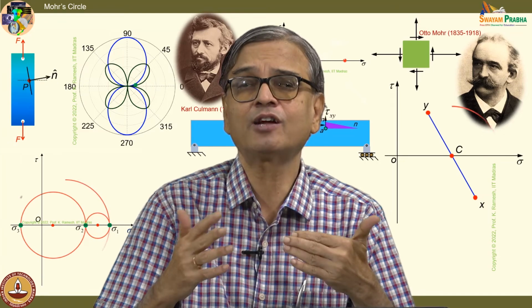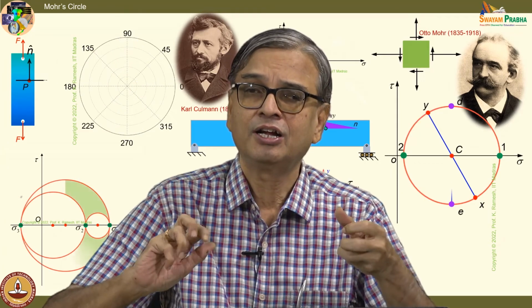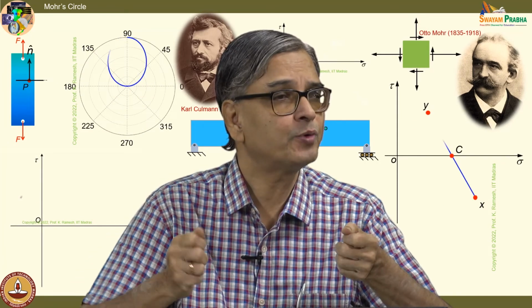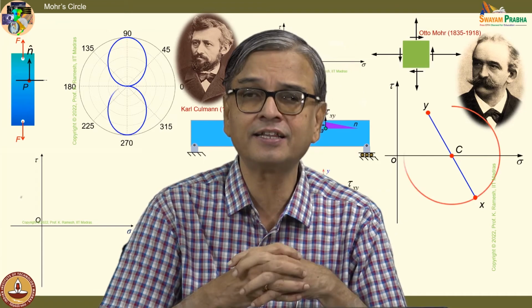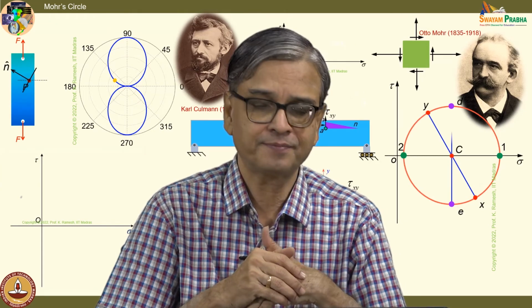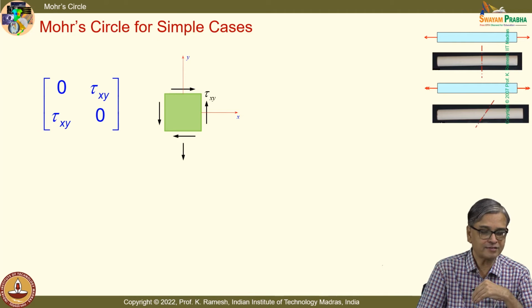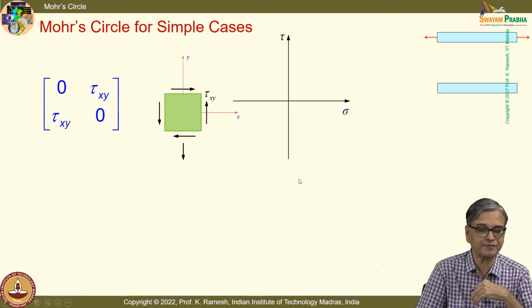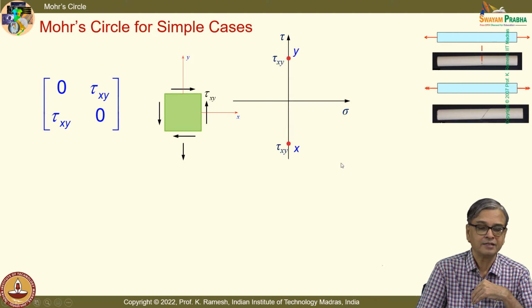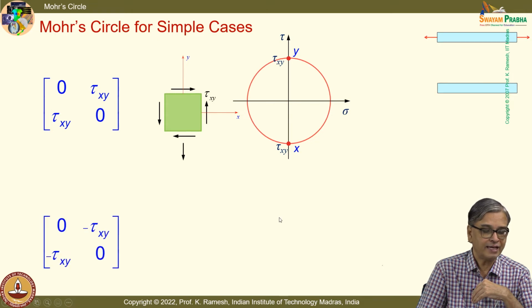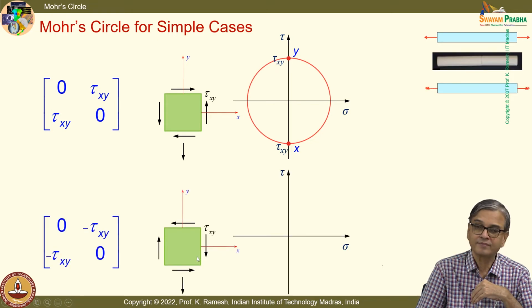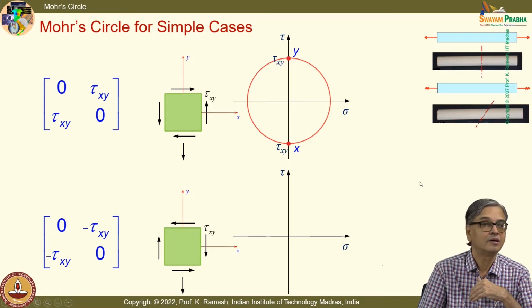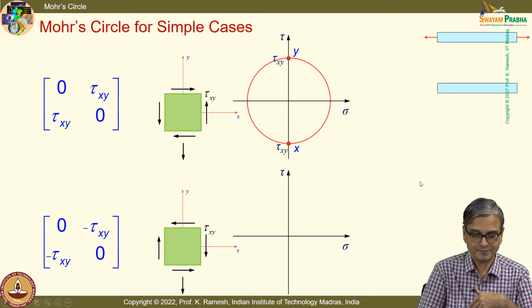We have seen without a proof that torsion introduces a pure shear stress state, which we saw in the very first lecture. So, I have two cases, this is a positive shear, I have the graph, Mohr circle is drawn. I also have the negative shear. What will be the difference between the two? X and y will be swapped.